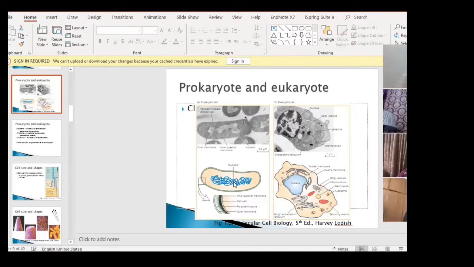So even within the prokaryotic system, we have different types with various degrees of complexity. The same is true for the eukaryotic system, that we have different types of organisms with different levels of complexity in their cellular structures.